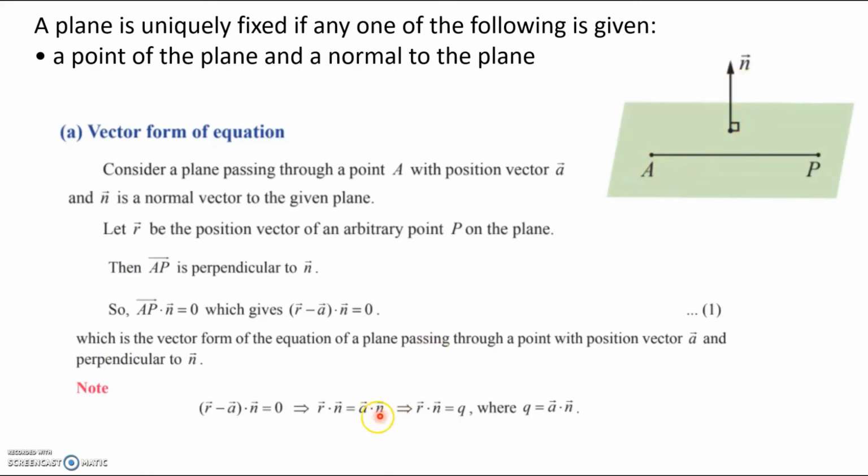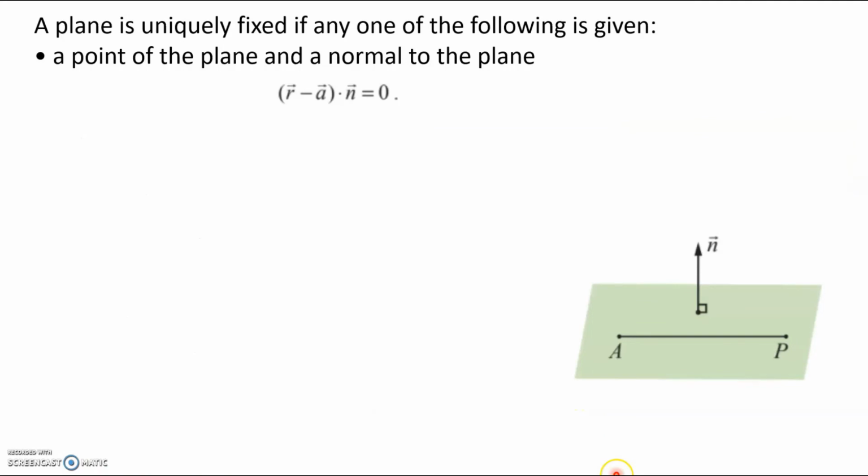So we would be able to find this value. Replacing this with a scalar quantity Q, because the dot product will be a scalar quantity, then you have R vector dot product with N vector is equal to Q, where Q is A dot product with N vector.